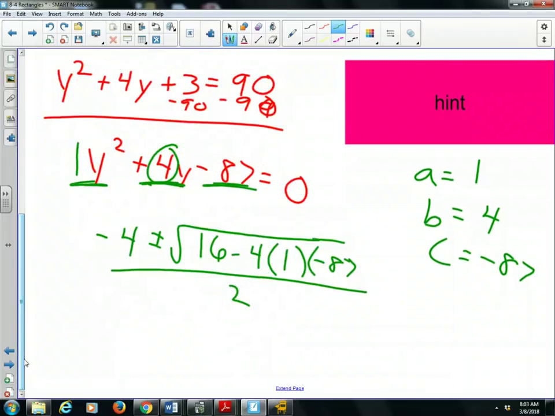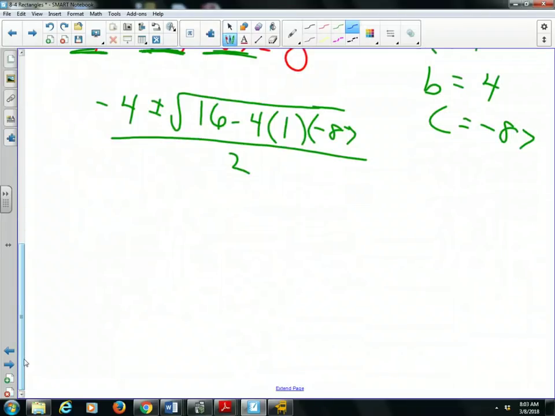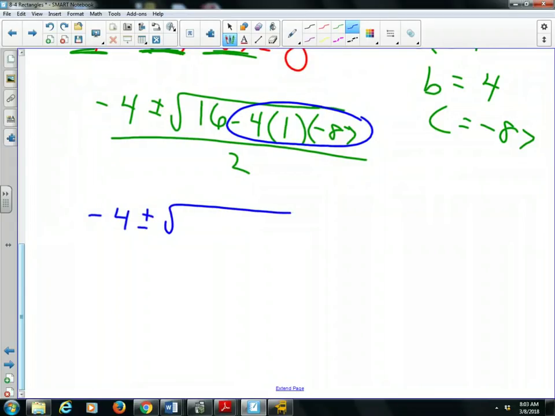All right, let's continue solving. We're going to multiply all three of these together. So negative 4 plus or minus the square root of 16, minus 4 times 1 times negative 87, which is plus 348, all over 2.